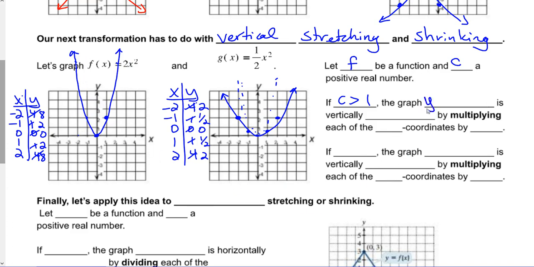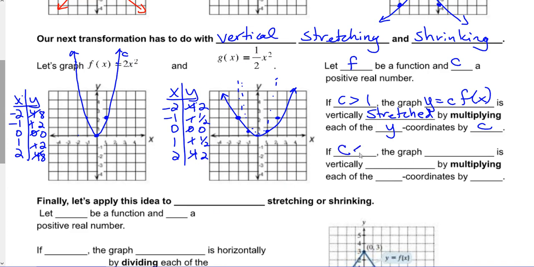Then y = c·f(x) is vertically stretched by multiplying each of the y coordinates by c. So that's what we just did. Here's my c value. I multiplied all the y coordinates of the original by c.